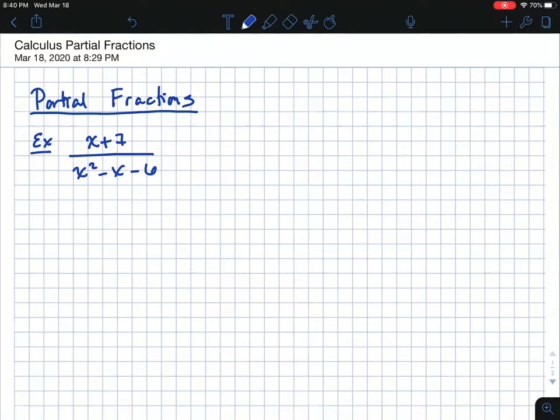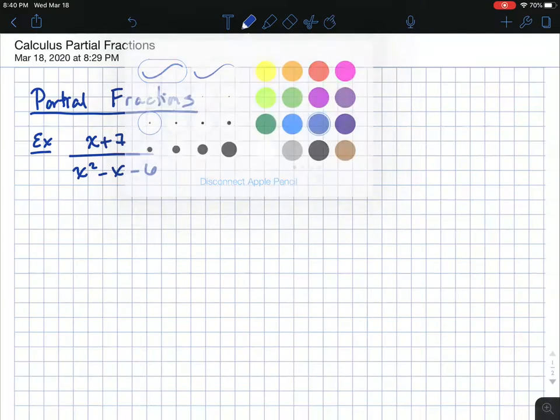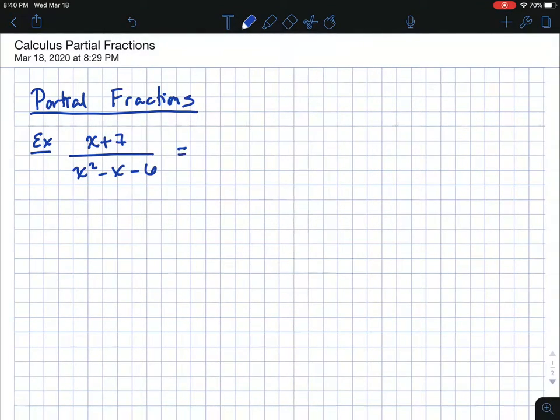We'll get a little bit more into this. This one right here is actually going to be a distinct linear factor, and we'll talk about why it is in just a second.